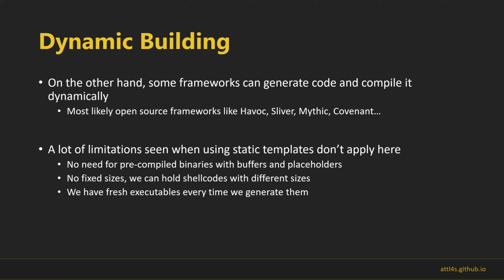On the other hand, we have frameworks which use the dynamic building feature. So instead of using precompiled files, they use code, and dynamically they write all the specific things in the code and then build the code. So this is something like what we explained about Havoc with the reflective DLLs. So pretty much the same, but for creating executables.